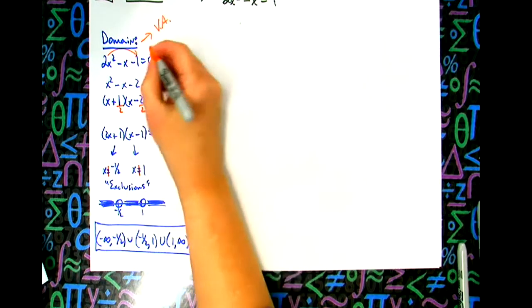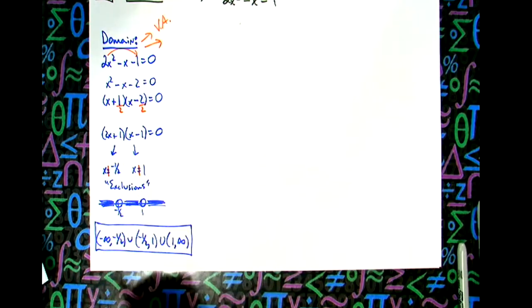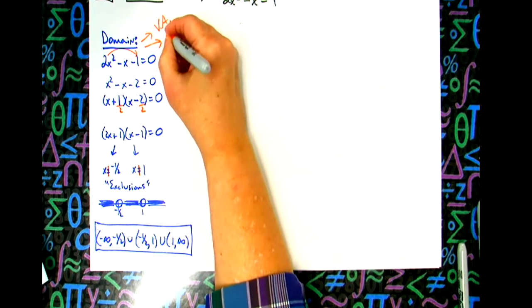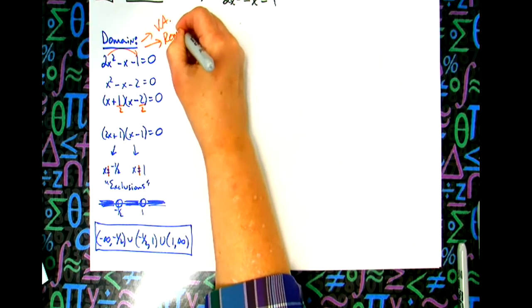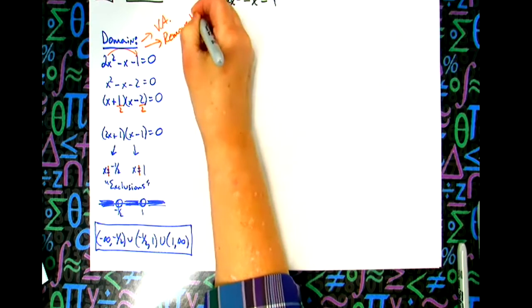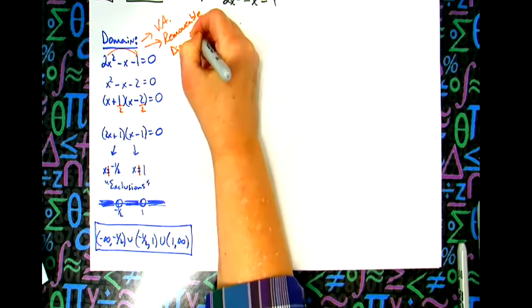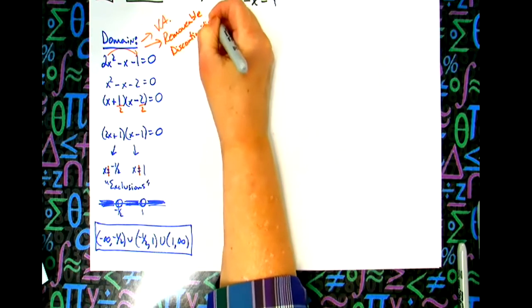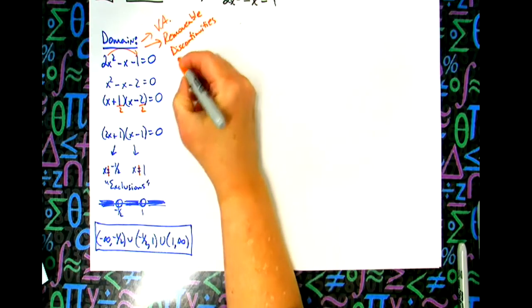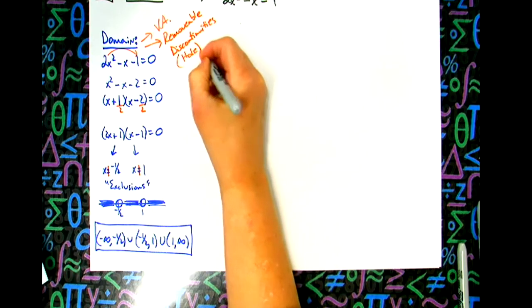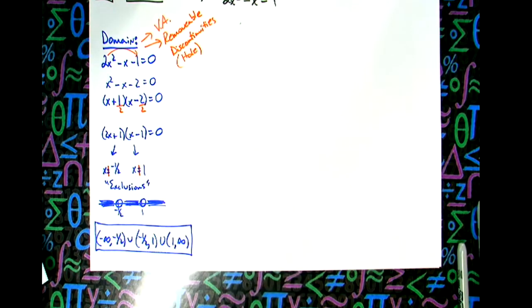But something that hasn't yet been brought up on this one is that it also is going to talk to us about our removable discontinuities. That's the fancy word for it, removable discontinuities. Or, nice plain little word, a hole. It's going to create a hole.